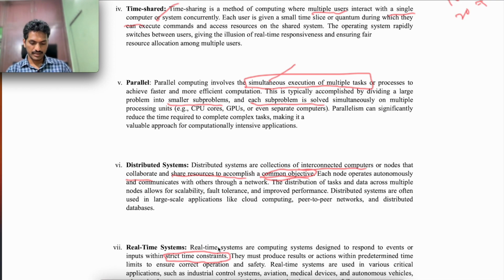See here, in medical devices, autonomous vehicles, and industrial control systems, where time is very important and there are deadlines to do the task, we need to go for real-time systems.